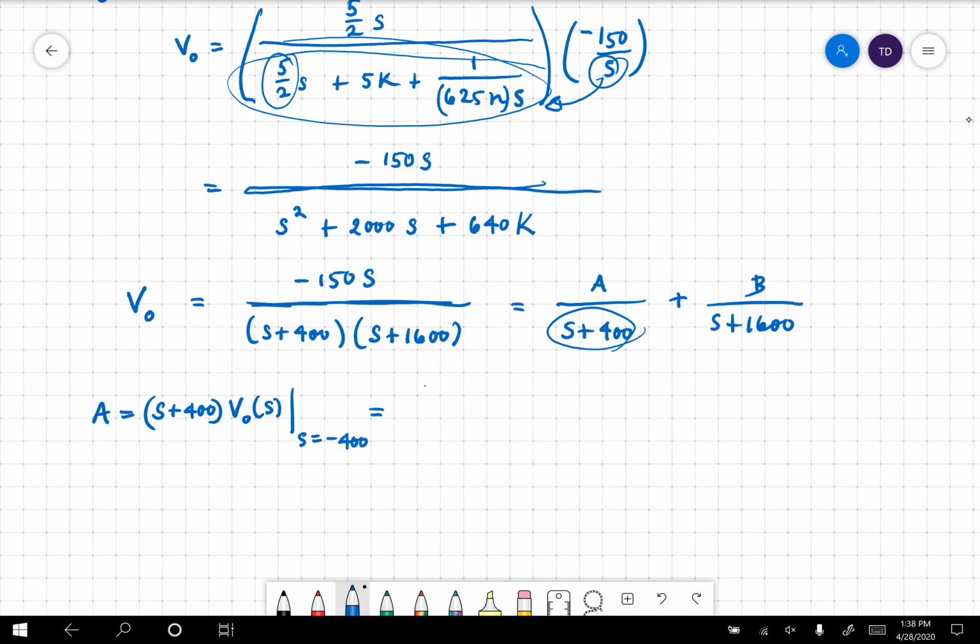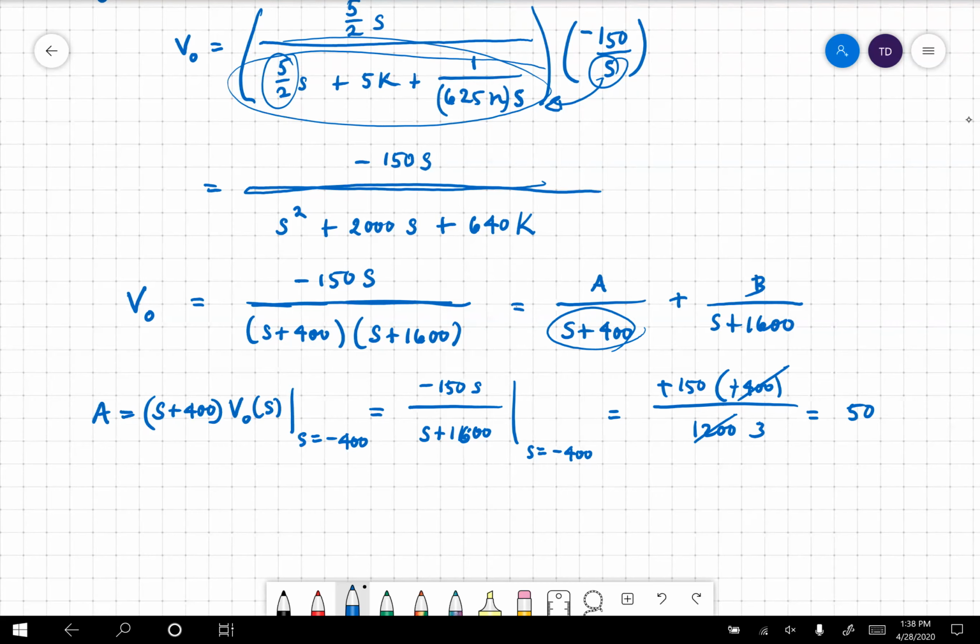This is equal to minus 150 s divided by s plus 1600, evaluated when s is equal to minus 400, equals minus 150 times minus 400 divided by minus 400 plus 1600, 1200. Equals 150 over 3 equals 50. Nice numbers.